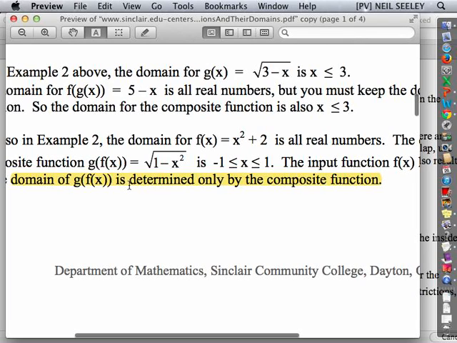Anyway, here's my question for you. If I've got an f and g that are stuck somehow together, and the result h of x is this, I'd like to know what f and g are. You have any ideas? Anyone want to look at that?